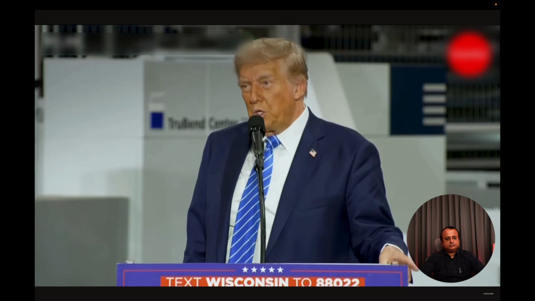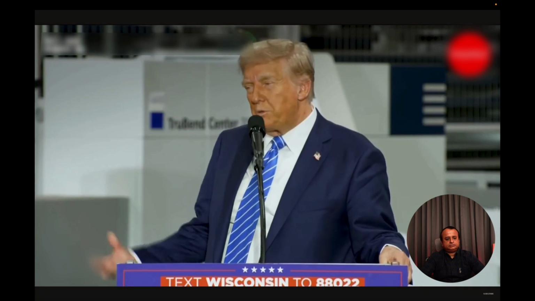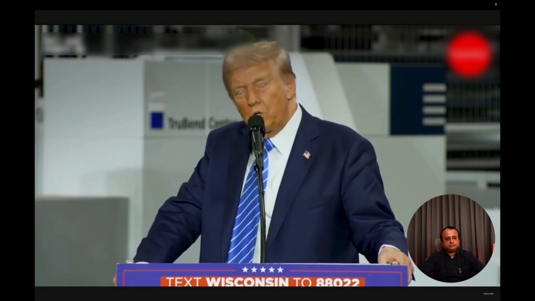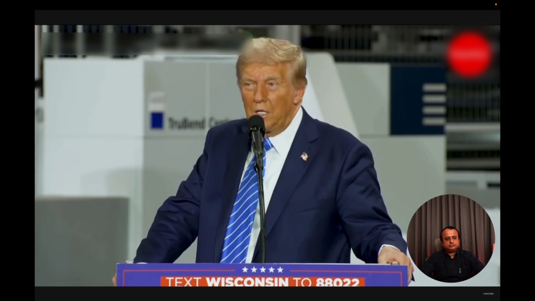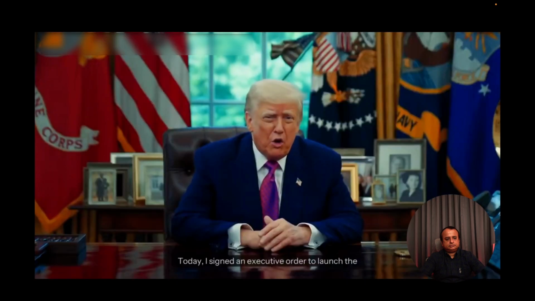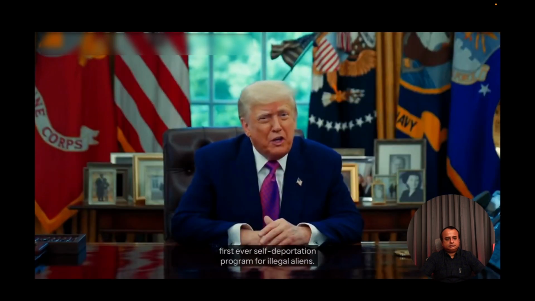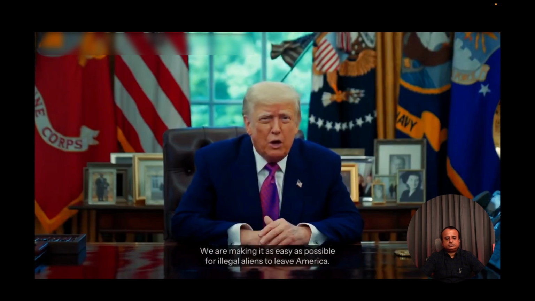Your state will be a dumping ground for people that have committed murder, violent crimes, drugs. Medicare and Social Security will buckle and collapse because these people are going onto your Social Security laws, if you can believe it. You can't speak English, they came here illegally, and they're destroying Social Security. And they're invading our towns. It's an invasion, an executive order to launch the first ever self-deportation program for illegal aliens.